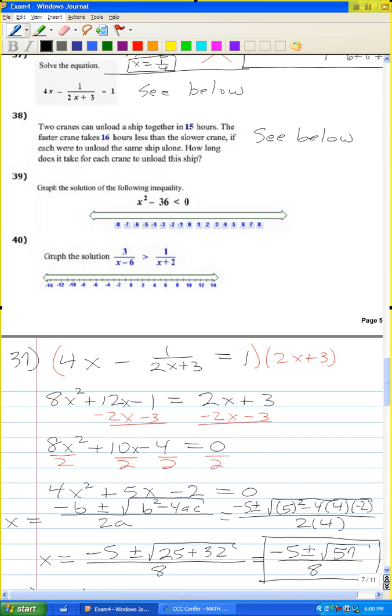Let me do problem number 39. And so I have here x minus 6 times x plus 6 is less than 0. So let's determine the critical numbers.